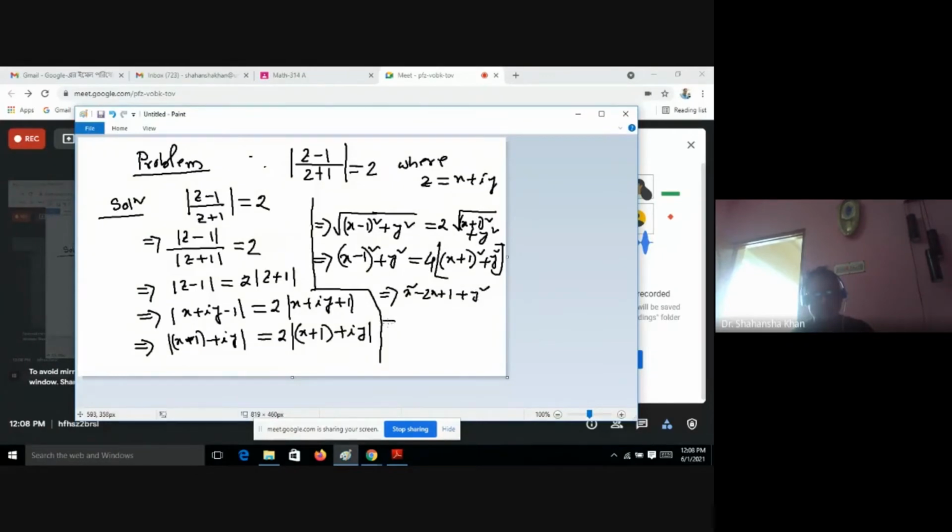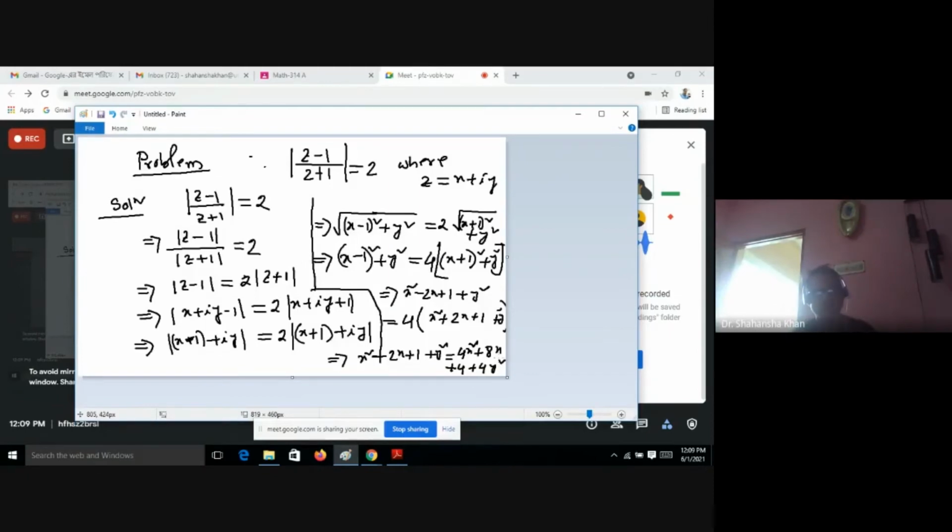Right hand side: 4x square plus 8x plus 4 plus 4y square. I hope no question up to this.